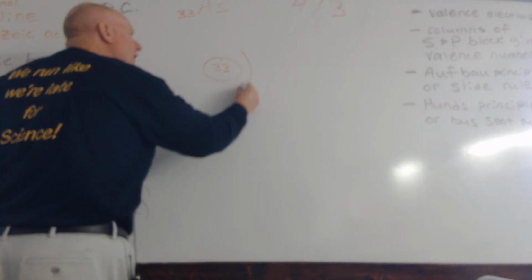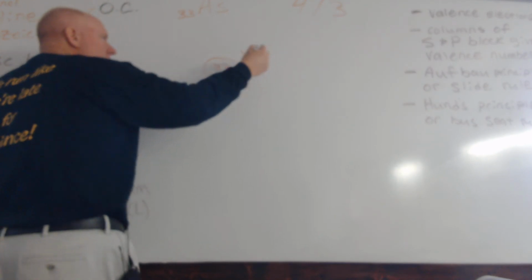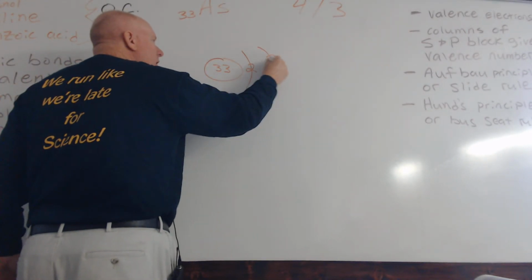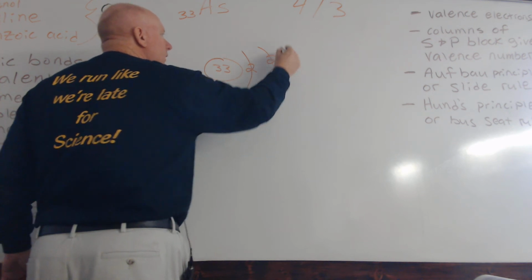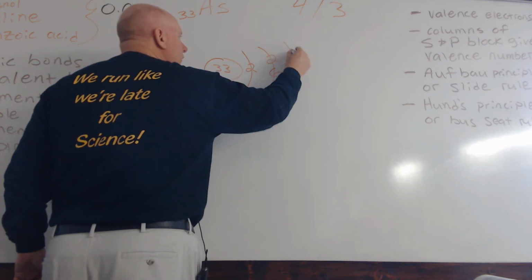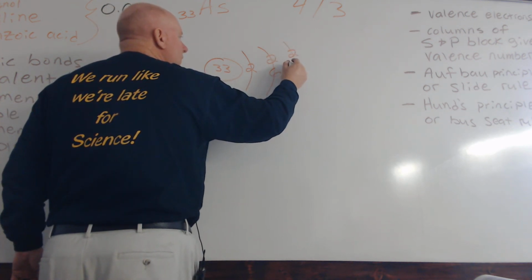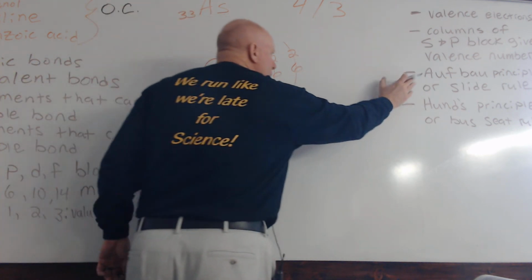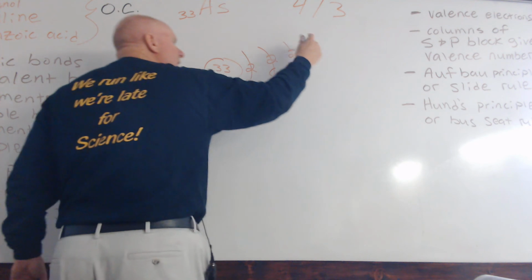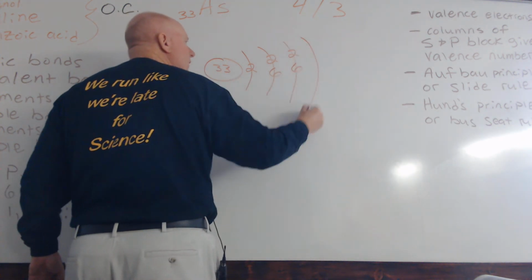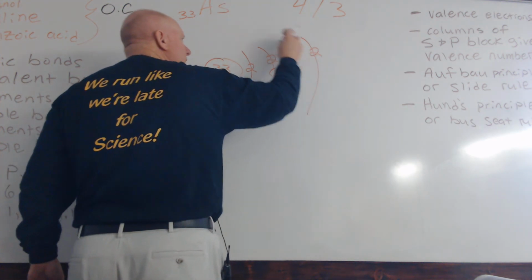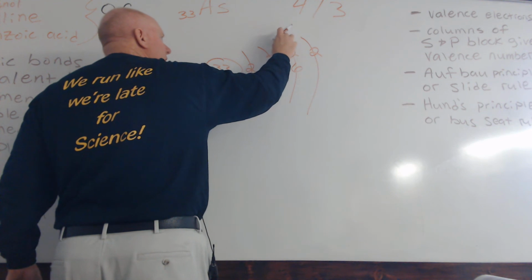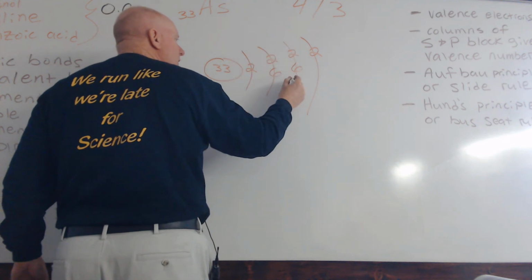Okay, so 1s2, following your slide rule, 2s2, 2p6, okay, 3s2, 3p6. Then this is where the slide rule makes a correction for you that says this has to fill up before any of these 3d block electrons can fall into place here.